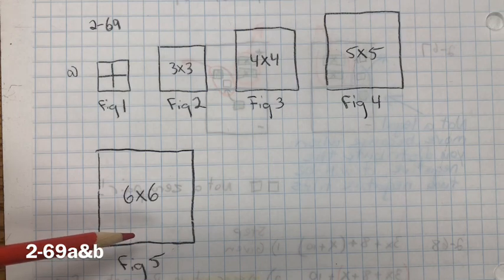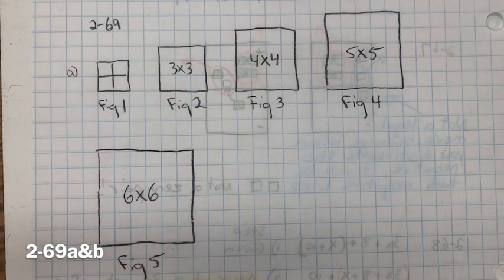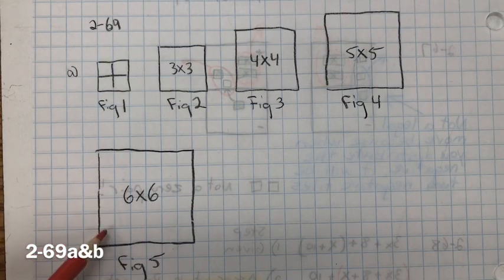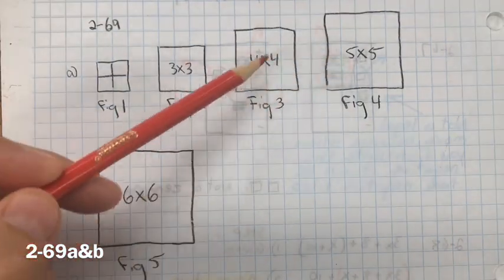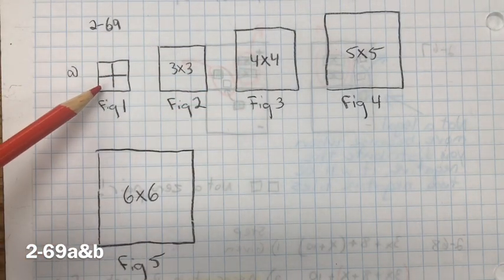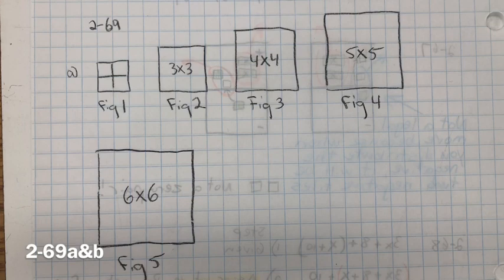And that figure would have 121 tiles because 11 multiplied by 11 is 121. So this figure would have 6 by 6, that would have 36 tiles, 25 tiles, 16 tiles, 9 tiles, and 4 tiles, 2 by 2. What would figure 100 look like? It would be a 101 by 101 square.